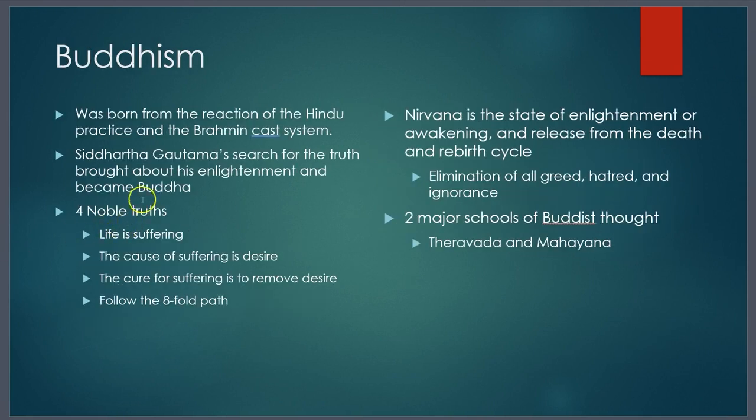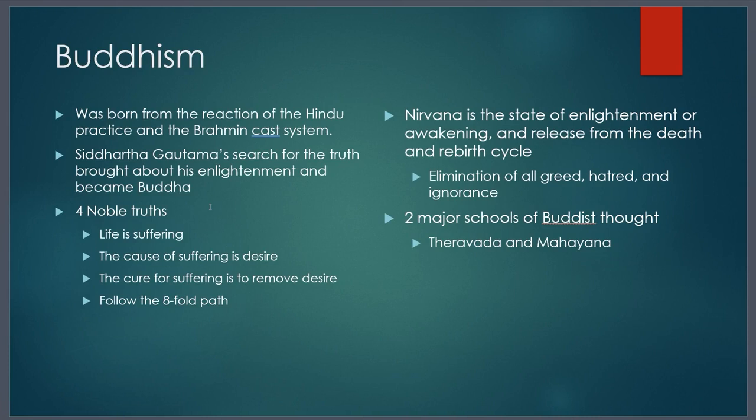All right, Buddhism. Buddhism was actually born from the reaction to Hindu practice and the Brahmin caste system. So Siddhartha Gautama's search for the truth brought about his enlightenment, and he became Buddha. So he was a prince, and very wealthy, and lived a very charmed life.